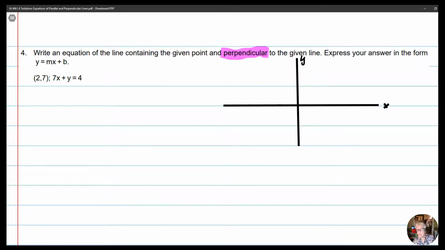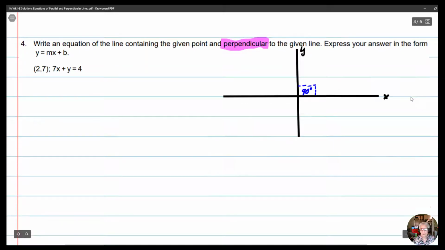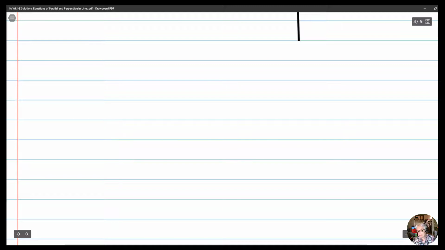What makes them perpendicular is the angle between the lines. This is the symbol for 90 degrees. There's a 90-degree angle between perpendicular lines. Or perpendicular lines can look like that.